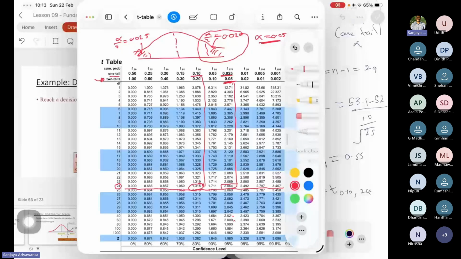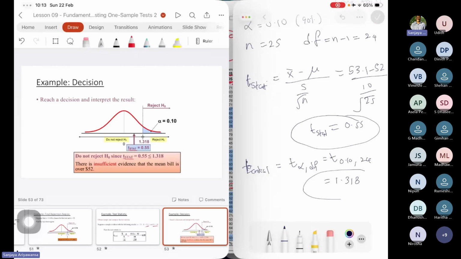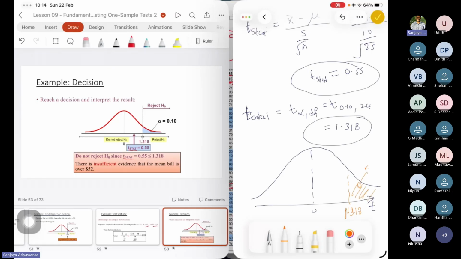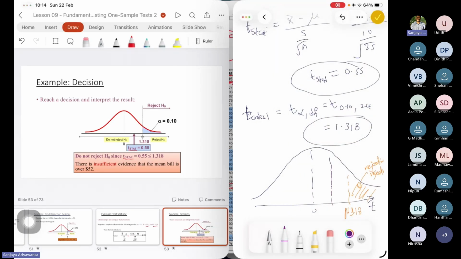So you see that the t-test statistic is less than the t critical value. If you were to draw this, your critical value is somewhere over here, 1.318. This is your rejection region. This is only an upper tail test. And then your t test statistic is somewhere over here, 0.55.